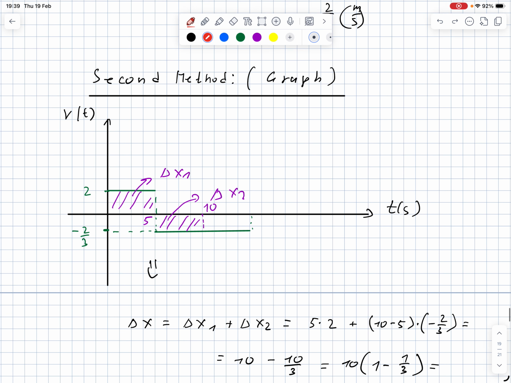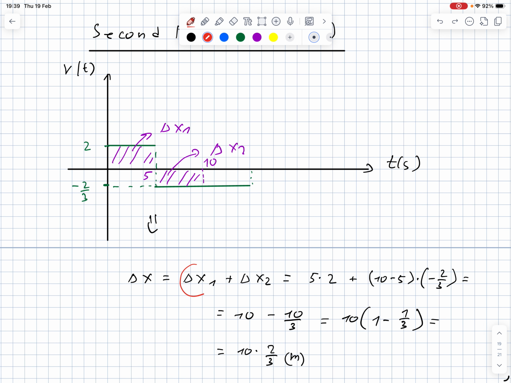displacement. Now delta x1 is the base, 5 seconds, times the height, 2, plus the second area. The base is 10 minus 5, as you can see here, times minus 2/3.